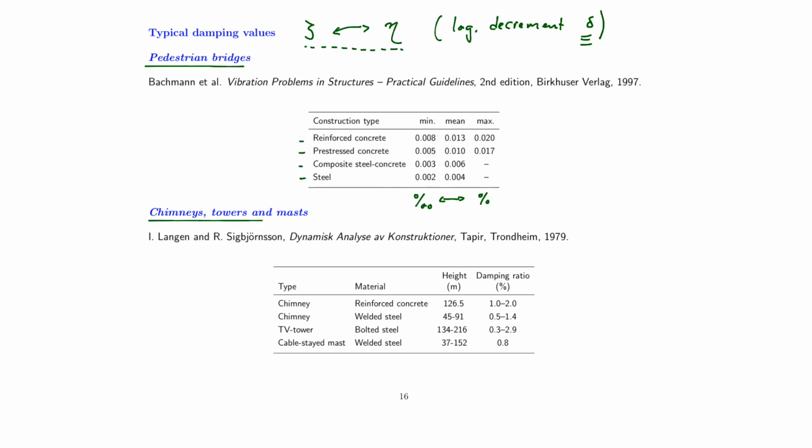For lightly damped structures, such as chimneys, towers, masts, please see that the reference here is fairly old, but still, we are at a lower end where we are down to a few per mil, whereas the maximum can be a few percent. So we could go, roughly speaking, from 0.5% to 5%, where this could be even lower, and this is probably the high end, at least for modern structures.